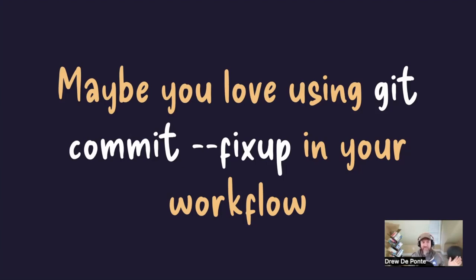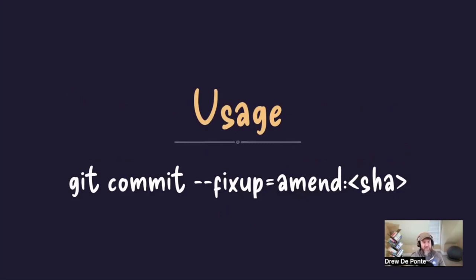A lot of people love this process and this workflow. I particularly do not use it, but a lot of people do. So if they love this so much, this is how you would normally write this command if you wanted to do an amend. You would flag a commit for an amend. You would do git commit --fixup=amend: and then you'd give it the SHA of the commit. So it's like, okay, cool.